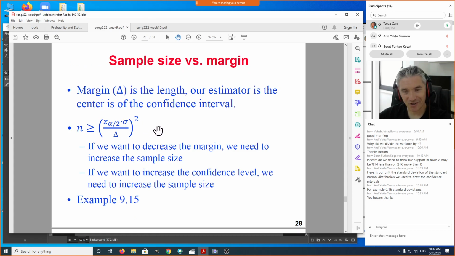Sigma square is as large as 0.25. So you can take sigma square out and say 0.25 directly. So 0.25 times whatever confidence level you have here, z alpha over 2, divided by your margin.